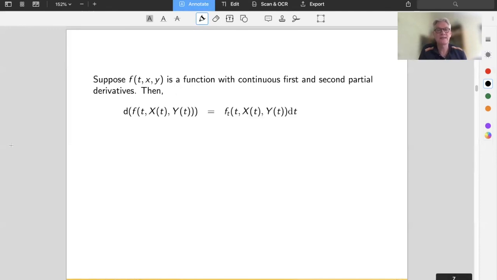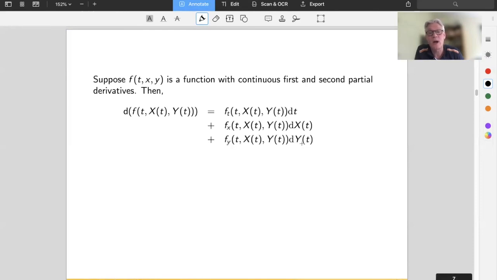Then in that case, we look again for the df, f depending on t, X(t), Y(t). And then the generalization is as we would expect it to be. It is a little similar to the multidimensional Taylor expansion. It's df/dt, plus df/dx times dx plus df/dy times dy.